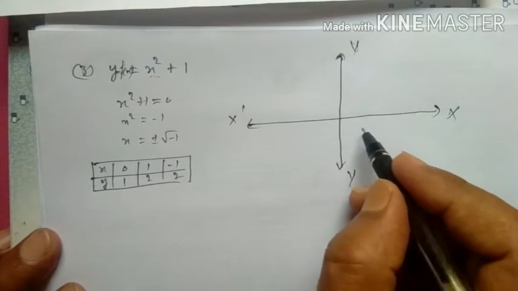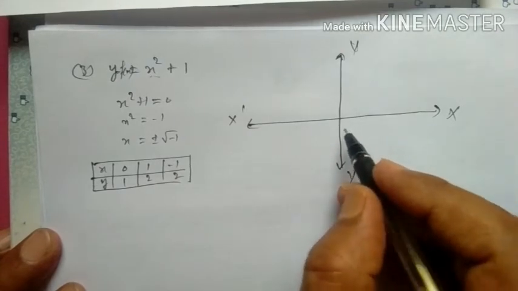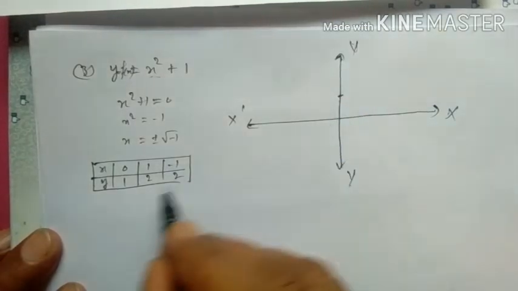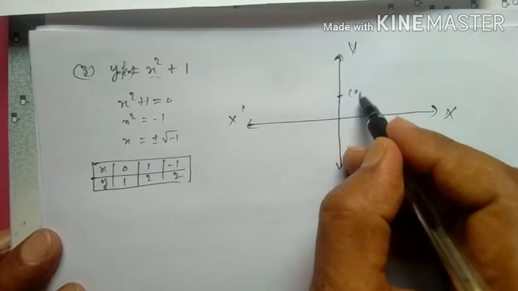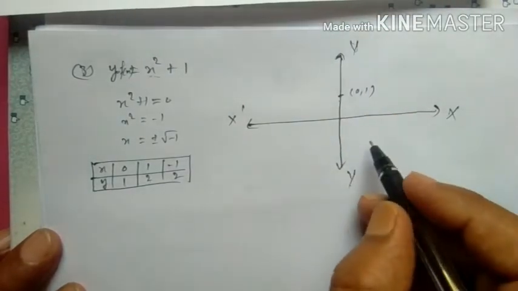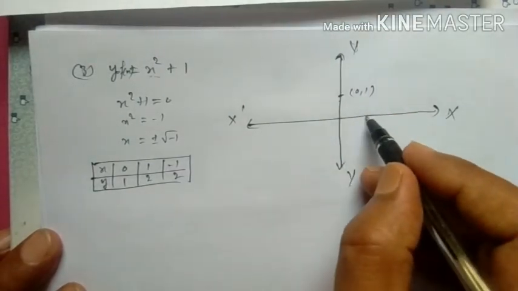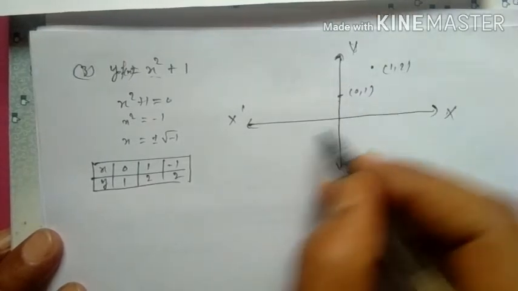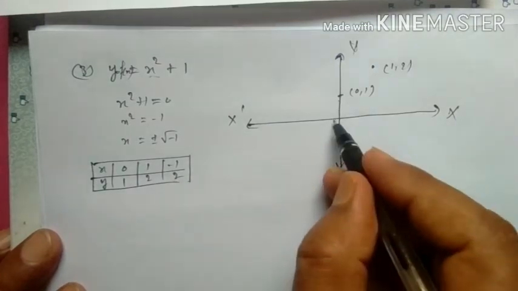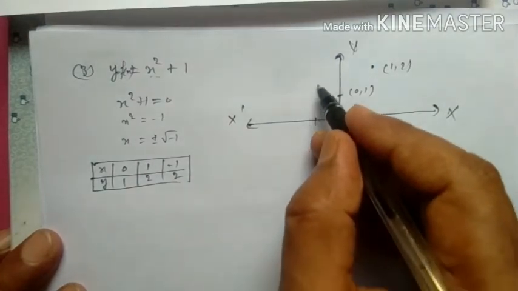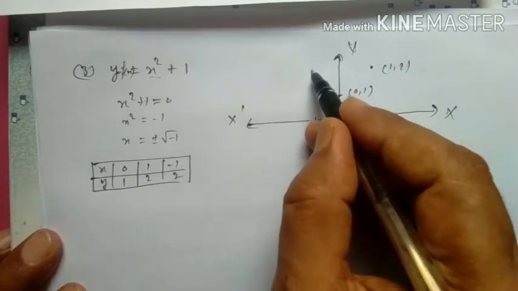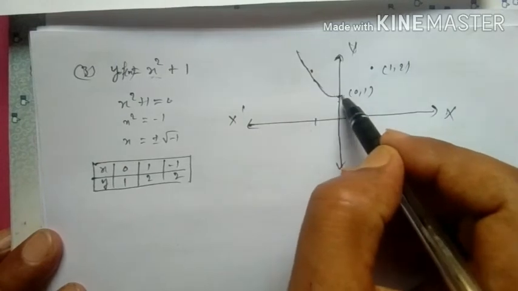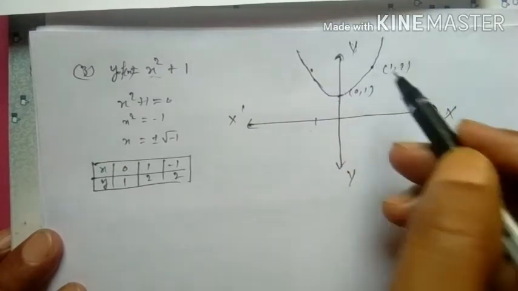Now plot these points: 0, 1; 1, 2; and minus 1, 2. So we see that the graph is like this.